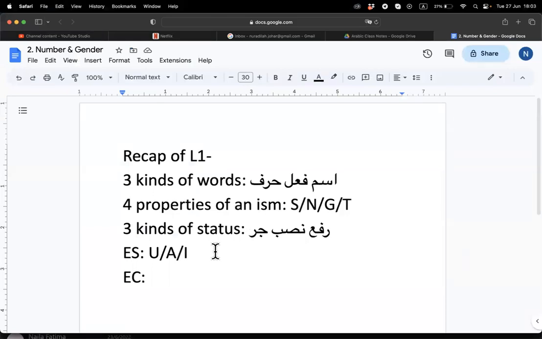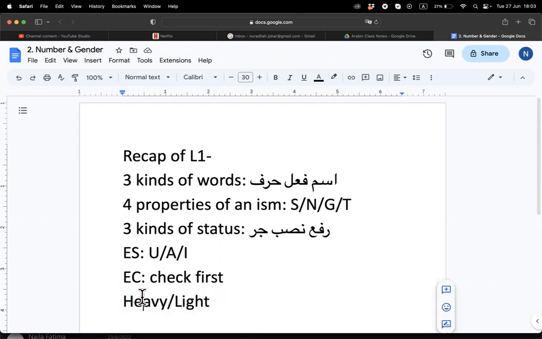One last thing, for ending combination, check first. And one last thing we did was heavy and light. So what is the default for ism? Heavy or light? Heavy. Yes, heavy is the default.